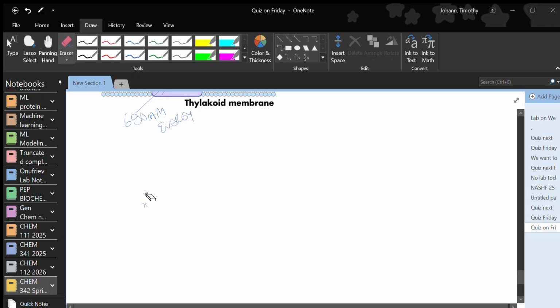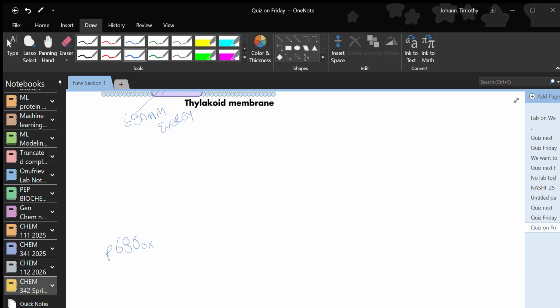Actually, sorry, I need to move it down on the screen because I'm going to need space. This is in its oxidized form. If you've seen this in another class, I'm going to draw this differently, and then probably draw it the same as you've seen in another class.